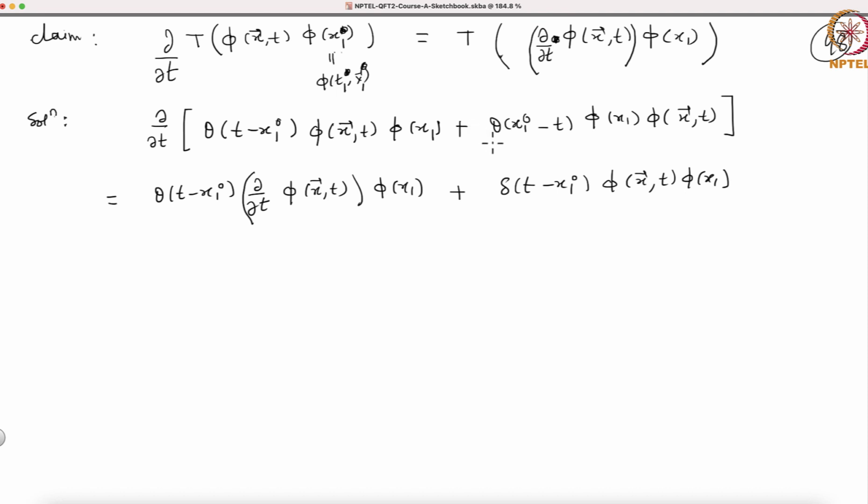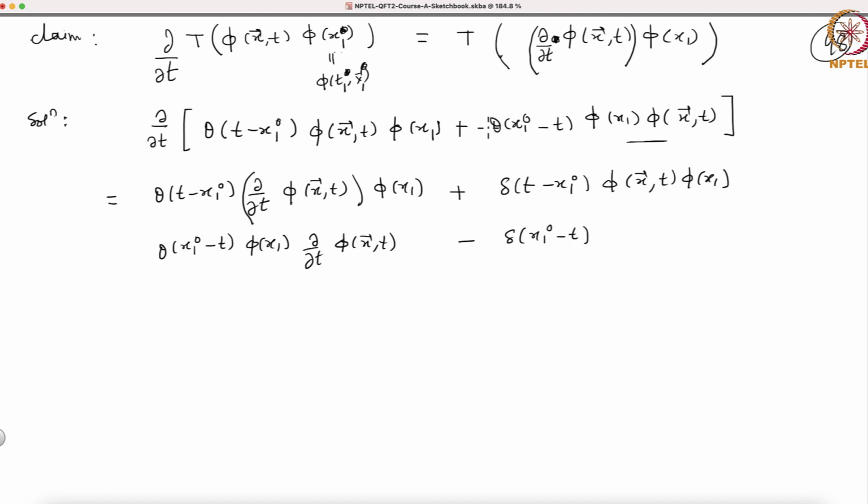We will do the same thing to the second term here, and it gives theta of x1 naught minus t, phi of x1, that's a constant, and then I take a time derivative on this one, del over del t phi of x t. Then I get minus delta of x1 naught minus t.